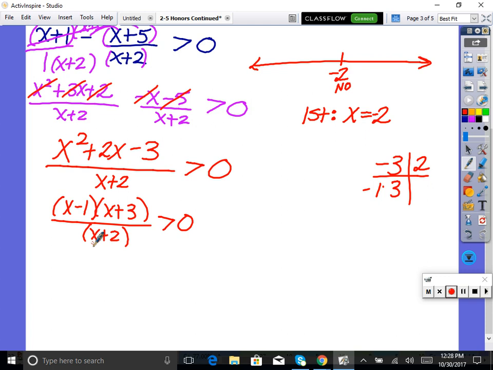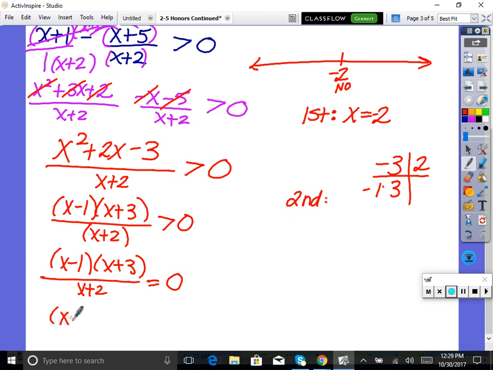Okay, so now the second step is, since we're looking at when this function is greater than 0, that's going to be solving for x. So your second step is to find the zeros. We would just pretend like this is equal to 0 and solve. We'd multiply both sides by x plus 2. So then 0 times x plus 2 is 0. So we would have x minus 1 times x plus 3 equals 0.